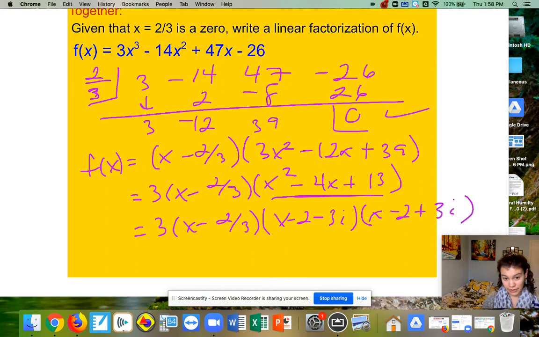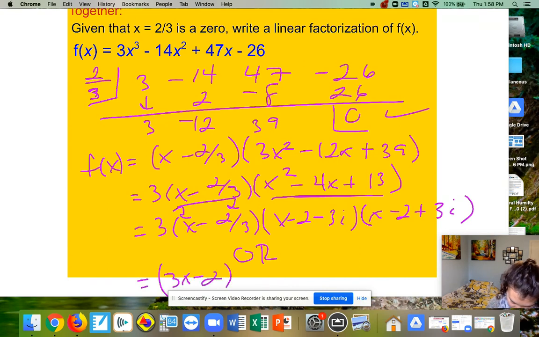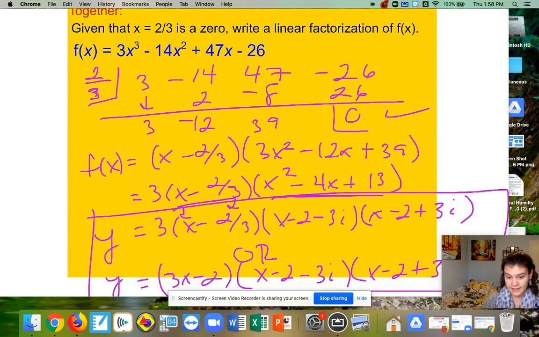And you can stop here. One thing you can do to make it a little bit cleaner is you could distribute this 3 into this first one. So your other option would be 3x minus 2, and then this x minus 2 minus 3i, x minus 2 plus 3i. But either one of those would work as an answer.